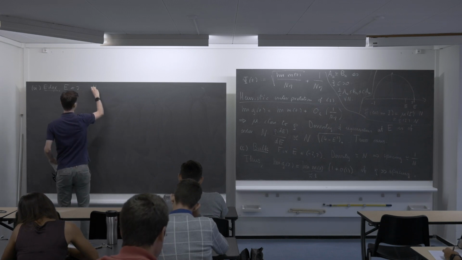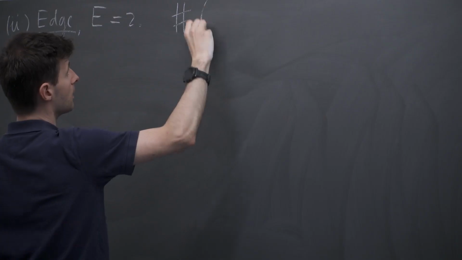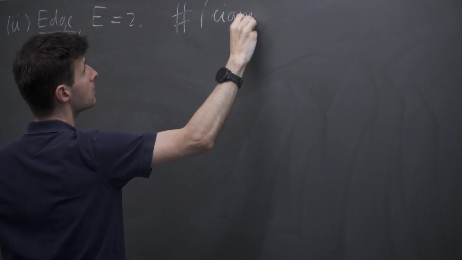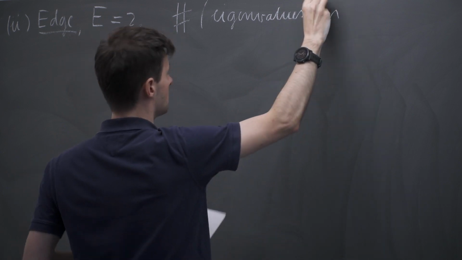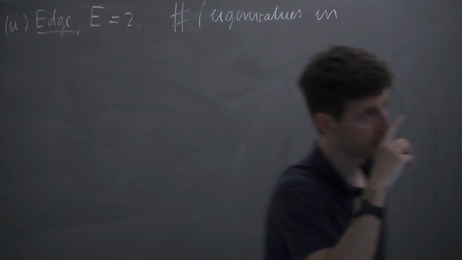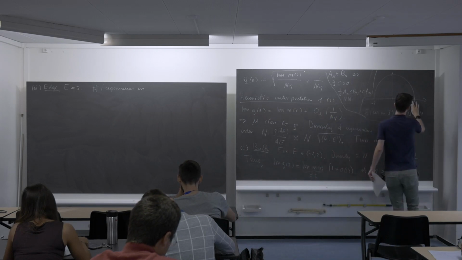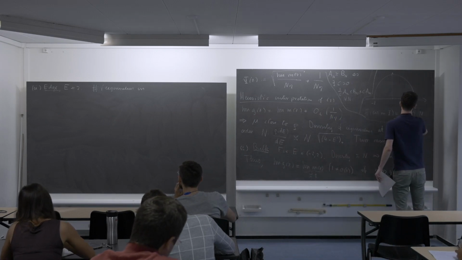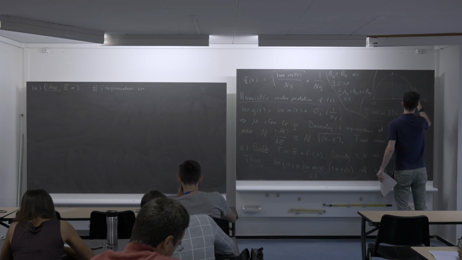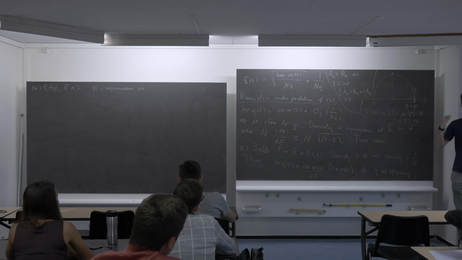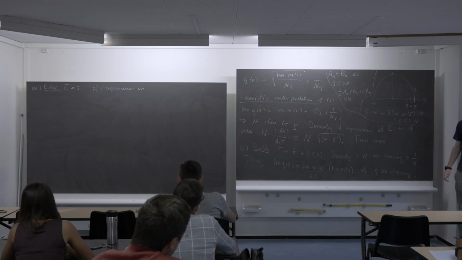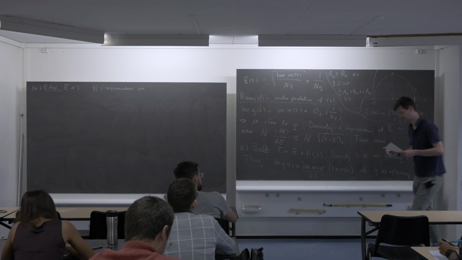So let's do an analogous calculation. Let's compute the number of eigenvalues in this small interval, which goes from the edge down into the bulk, slightly into the bulk, by a distance x, which will be very small.